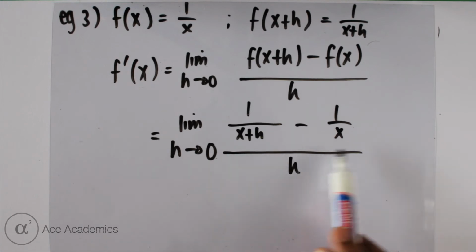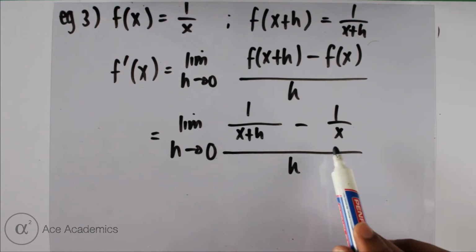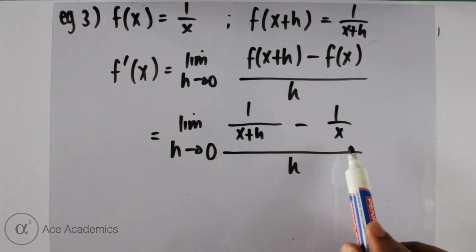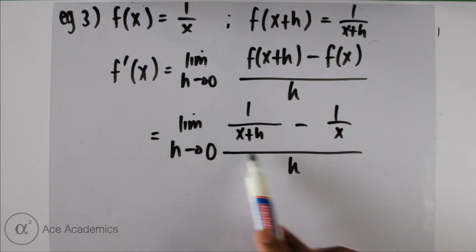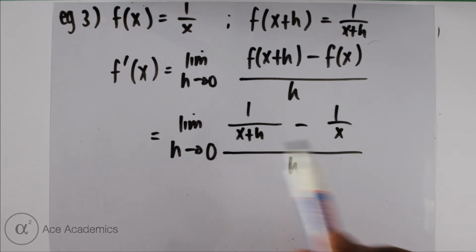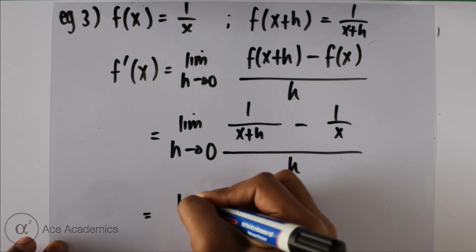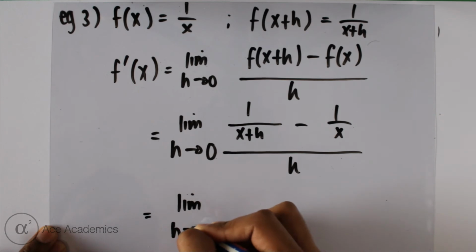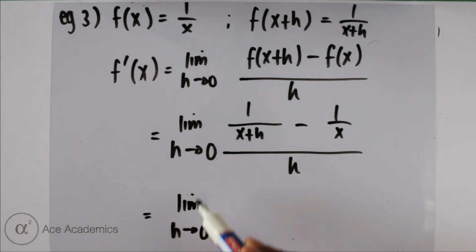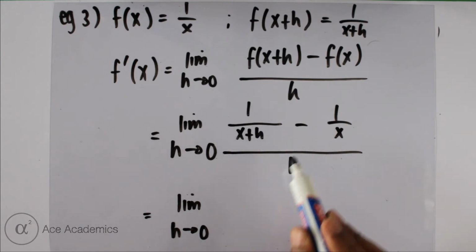Now, how are we going to do that when we have fractions as a numerator? Well, the first thing we're going to do is find the LCD of the two denominators in the numerator here. So, this is still the limit as h tends to 0. Remember, we can only remove this once we substitute h equals 0 into the equation.